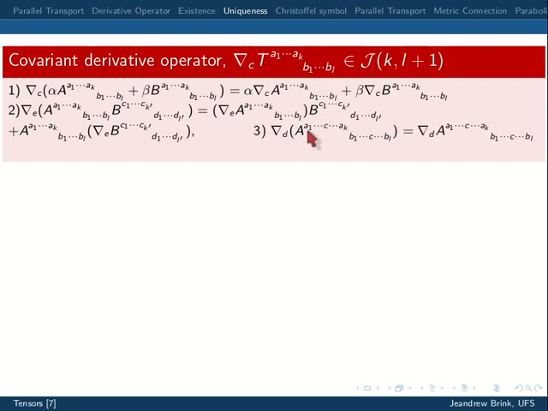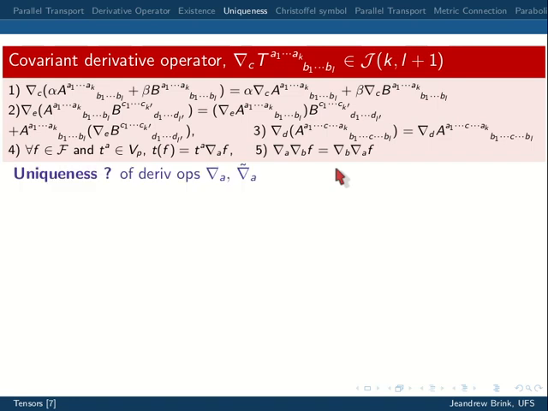It has the fact that the contraction commutes with the operation. It has the fact that if you apply it to a scalar field, it behaves exactly the same way as the directional derivative that we defined the basis with. And if you once again apply it to a scalar field, then the two derivative operators commute. Okay, so those are the 5 things that we're working with.